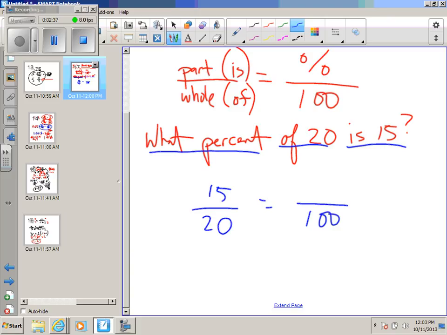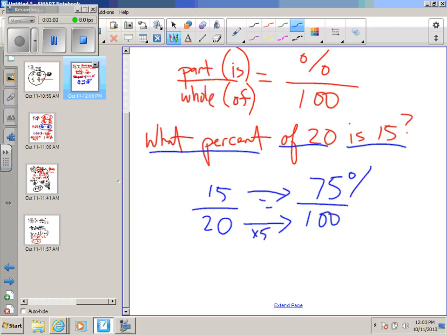Now from here, we should be good. First thing we look for is relationship. Is there a relationship from 20 to 100? Times 5. So if the bottom was multiplied by 5, and the top is multiplied by 5, that would be 75 in that spot.